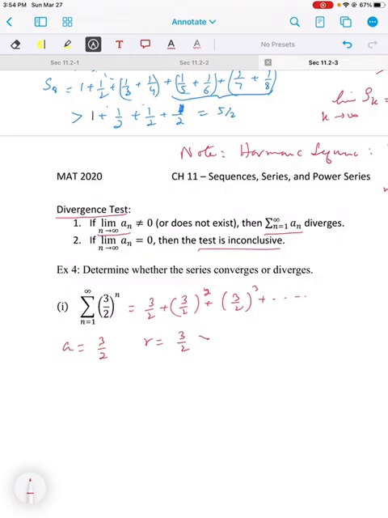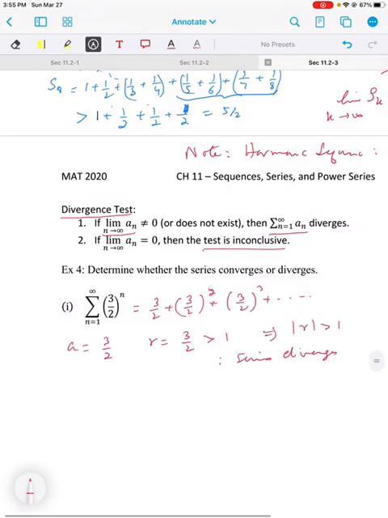But 3/2 is bigger than 1, which means the absolute value of r is bigger than 1. So the series diverges. And what is the reason? You should write here: geometric series. So always remember, when we write whether a series diverges or converges, we must state the name of the test.